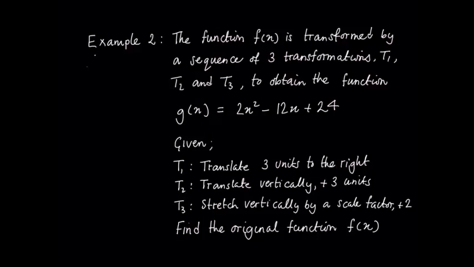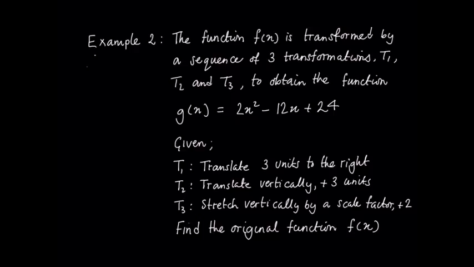In the second example, we're told that the function f of x is transformed by applying a sequence of 3 transformations, T1, T2, and T3. The end result of these 3 transformations is the transformed function g of x, which is equal to 2x squared minus 12x plus 24. T1 is translate 3 units to the right.